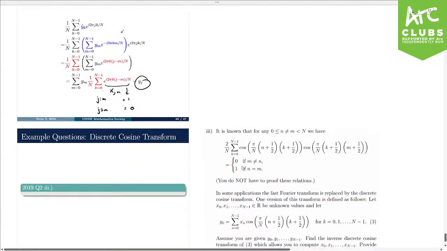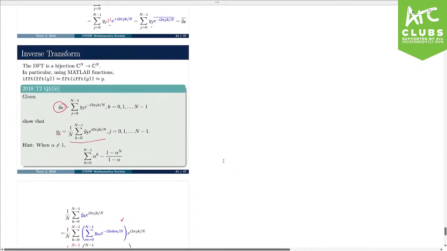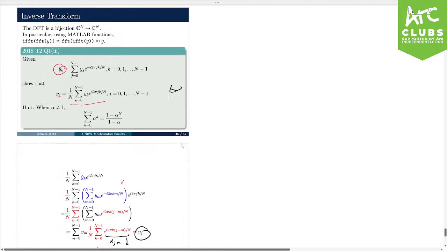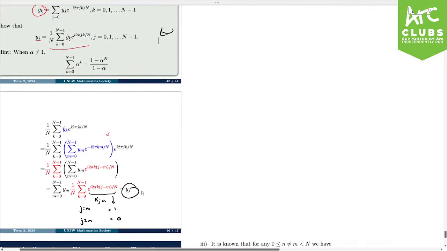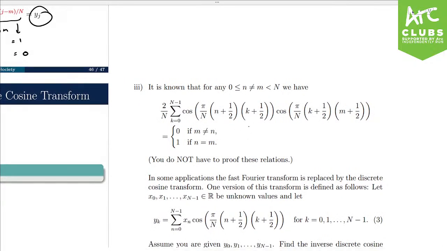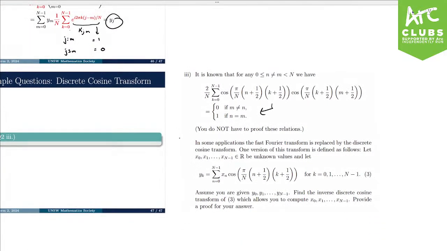And what this is testing is whether we understand the idea of how to prove the inverse Fourier transform. So the key thing is creating this expression that evaluates to 1 if we have the right index and 0 if we don't. And they give us something like that here.